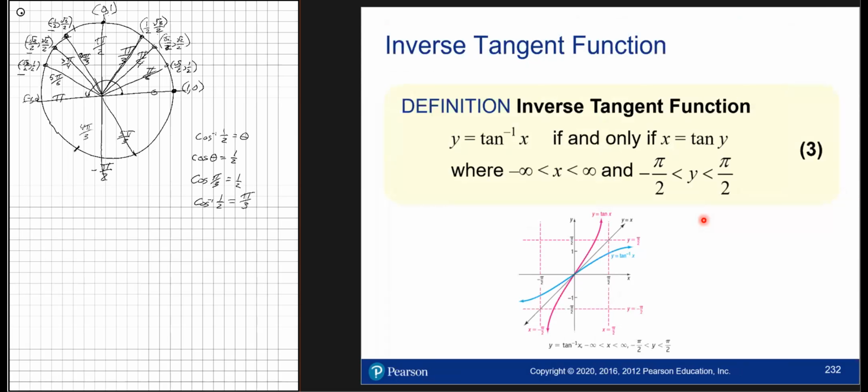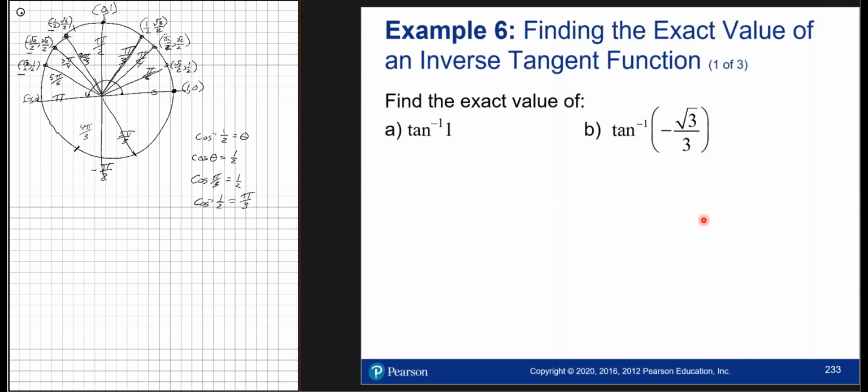Inverse tangent. All right, inverse tangent. The range is the same range as on sine, but the domain is all real numbers. It's not limited to be between -1 and +1. So find the exact value.